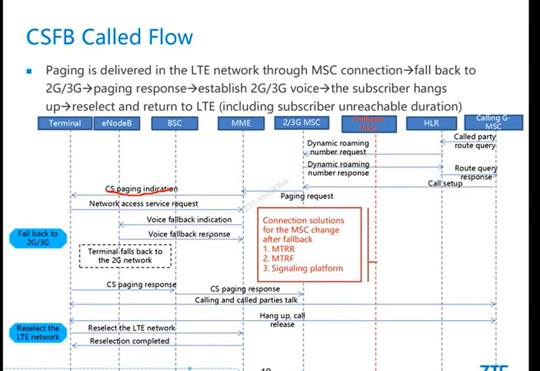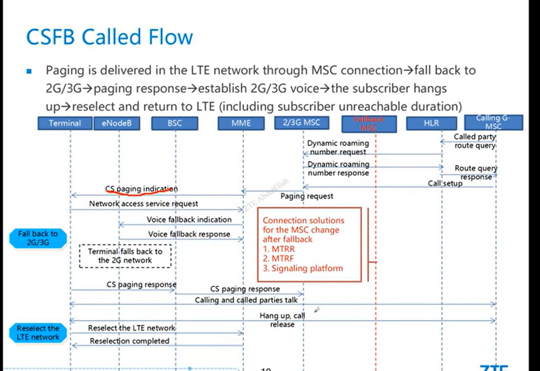After the voice fallback indication and the voice fallback response, the UE has already fallen back to 2G and 3G and can set up the call. After the CS call, the UE will return to the LTE network.